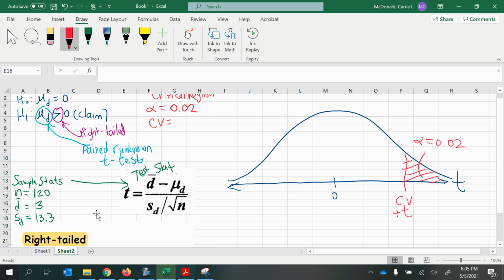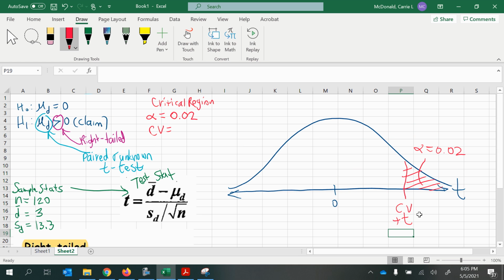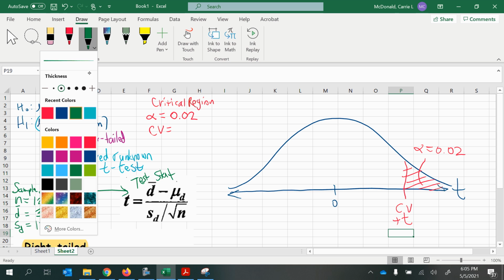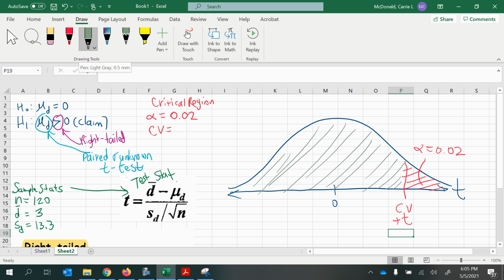So notice that where it says the critical value is going to be t dot inverse of 1 minus alpha. Because 1 minus alpha is the area, let's get a color here. This area over here is 1 minus alpha, right? Because we know the total area under the curve is 1. So if the right side is 0.02, then this side must be 0.98.